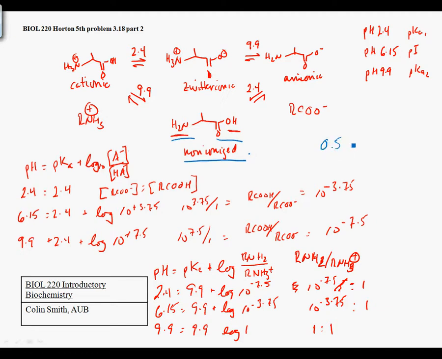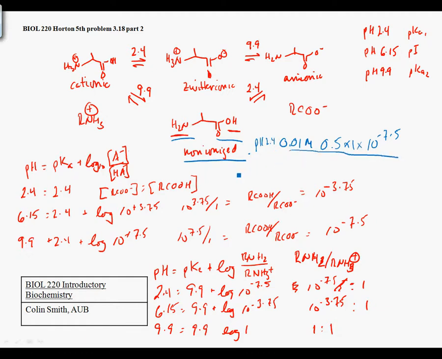The book doesn't do this quite to completion. This ends with saying it's insignificant, times 1 times 10 to the minus 7.5 times 0.01 molar. And that's pH 2.4. So that's a very, very small number.